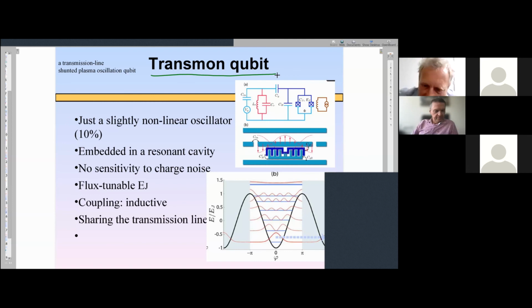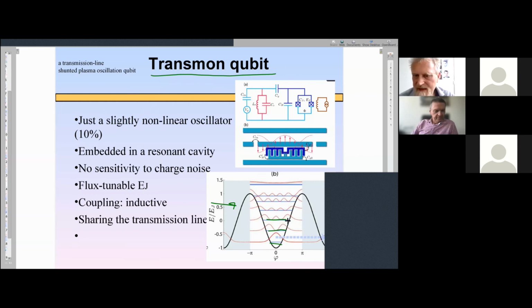What remains from the Josephson junction? In fact, I sketch again this potential, cosine potential in the space of phase. And there is a quantization, which, for this parameter range, is not very different from quantization in an oscillator.